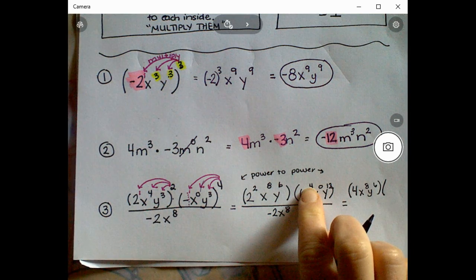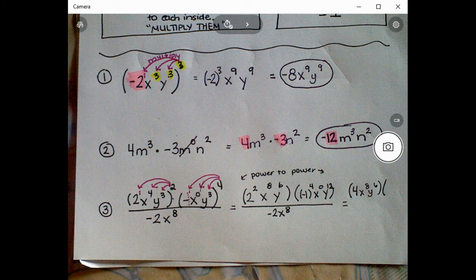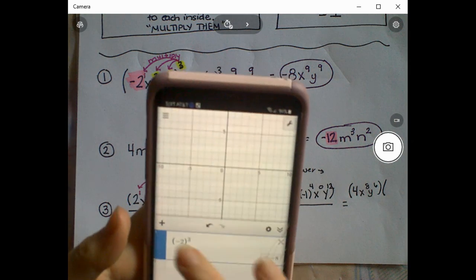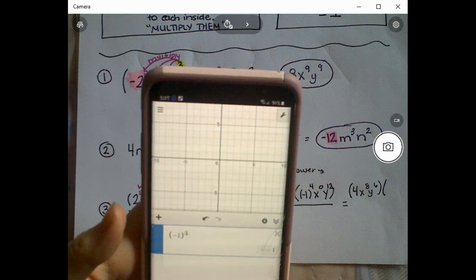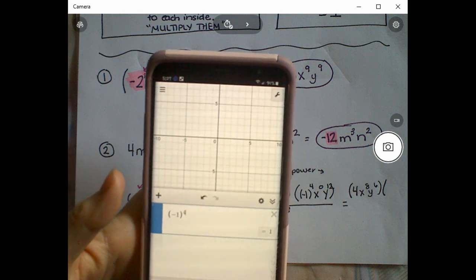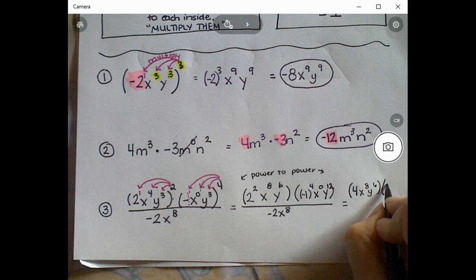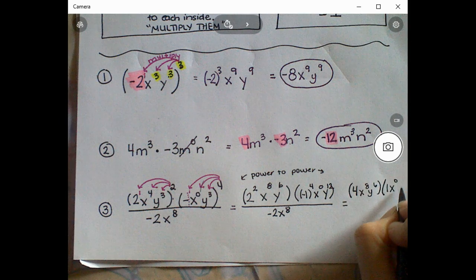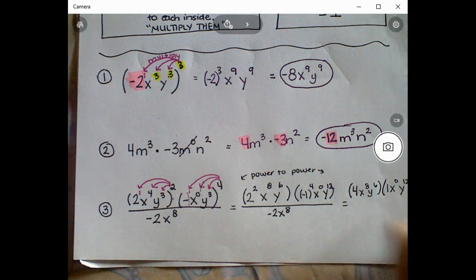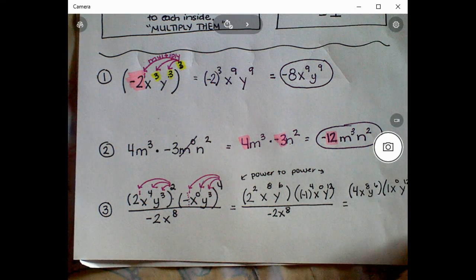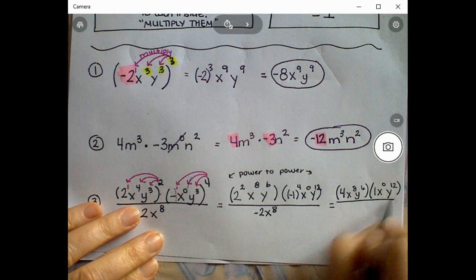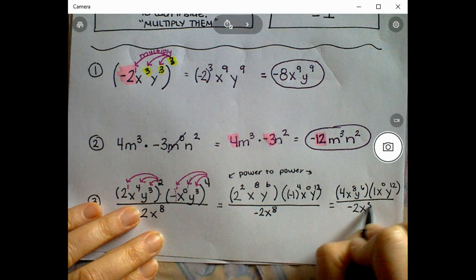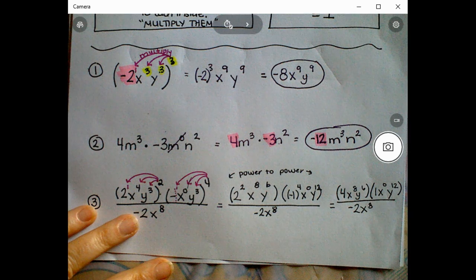Negative 1 to the 4th power equals positive 1. You could not write that if you wanted, or you can write it. It's totally up to you. Divided by negative 2x to the 8th, because we haven't done that yet.